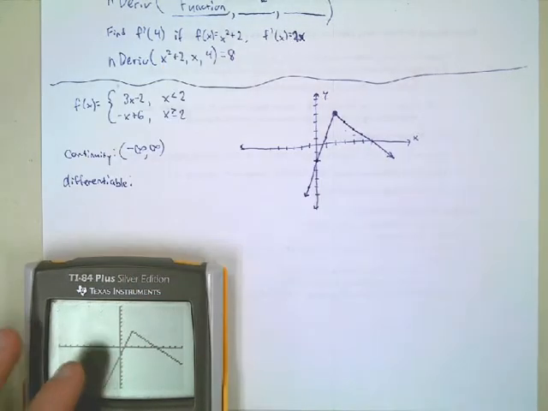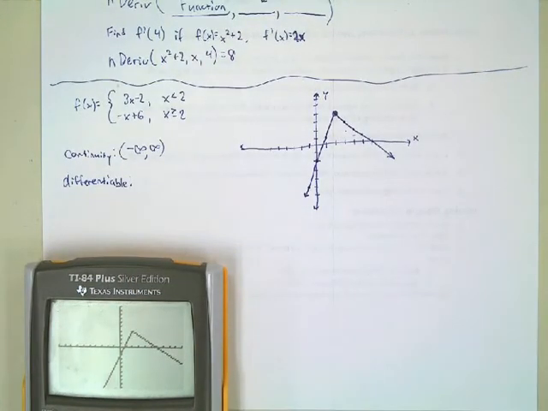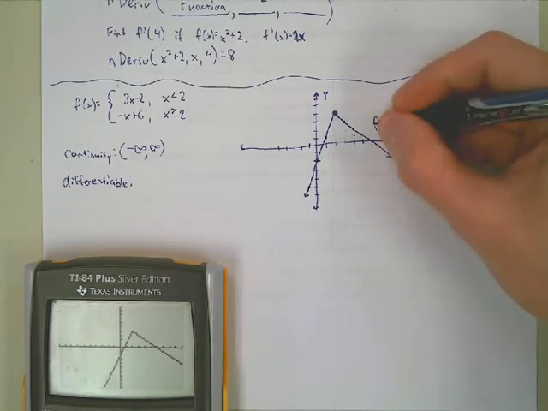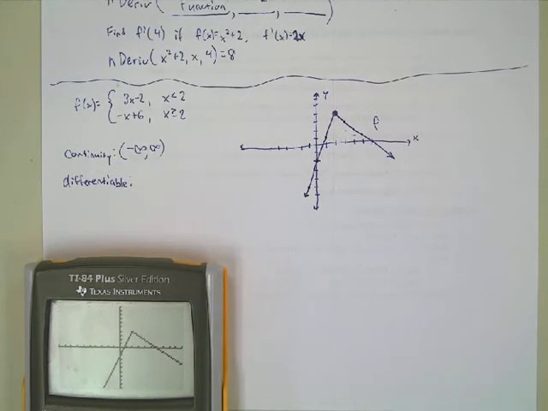Using what we've seen about differentiability, do we see any behaviors in the graph of f that might cause us to think it will or will not be differentiable somewhere? Yeah, at 2. At 2, why might we say that it's going to be not differentiable there?